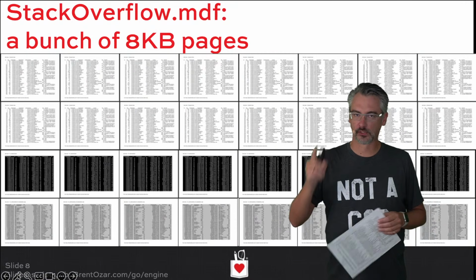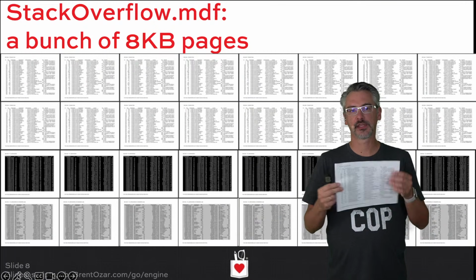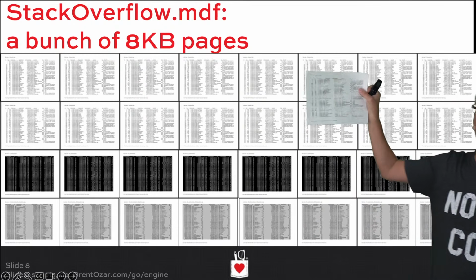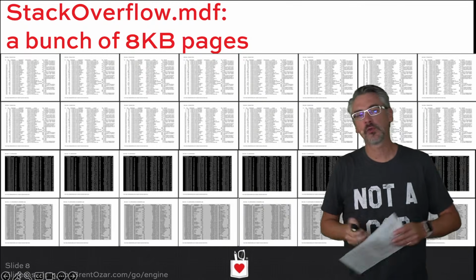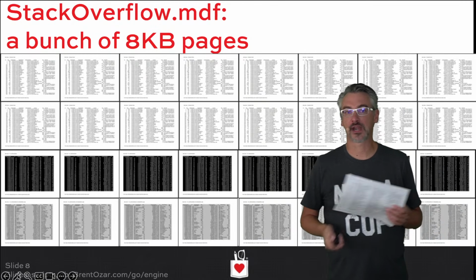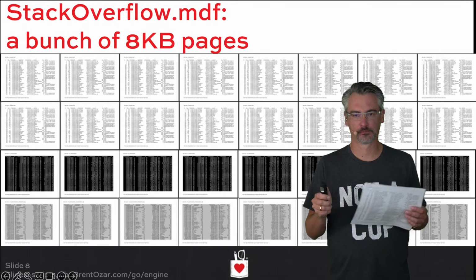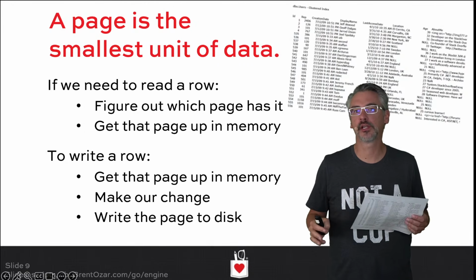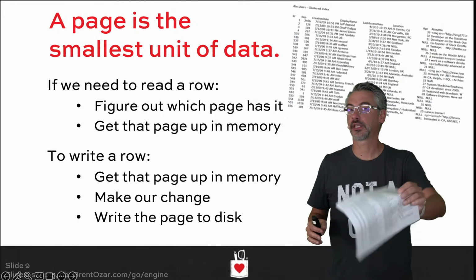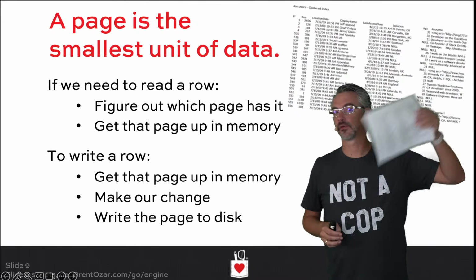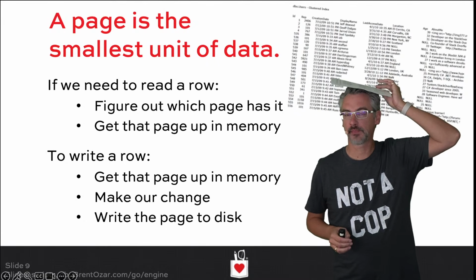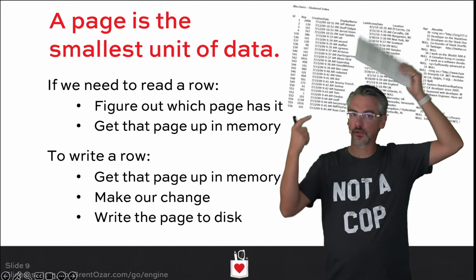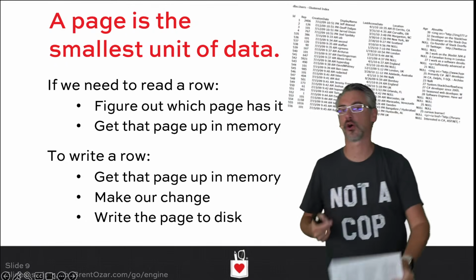So furthermore, when we're looking at our database and everything's made up of 8K pages, the clustered index, aka the white pages, is only one possible way that we can store data, but it's the way that we're going to start with. These 8K pages are the smallest unit of data that SQL Server reads from disk and puts up in memory. These pages are identical whether they're in memory or on disk.